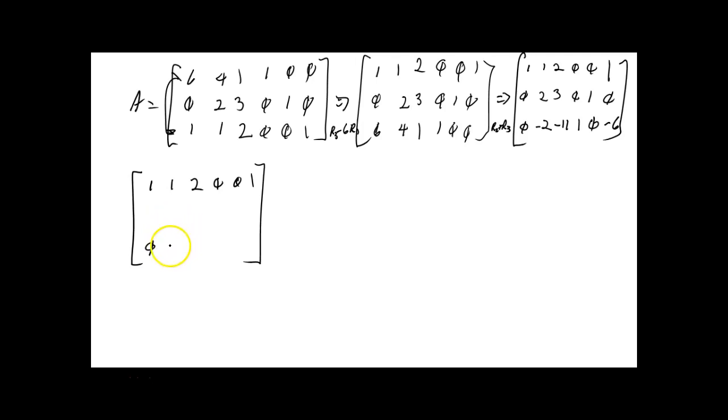New row 3: 0, negative 8. Second one? 1? Is that what you said? Oh, sorry, that's 1. Okay. 1. Right. Got it? All right.